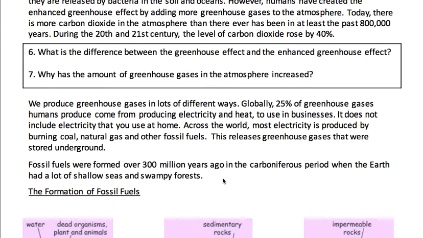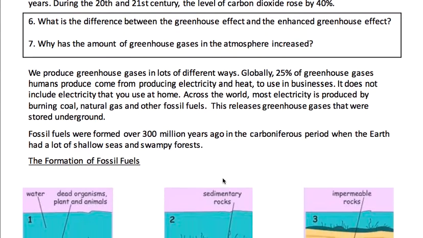It's not used in your houses. And we get that energy from coal and natural gas. In power plants, coal and natural gas are burnt to make electricity. When they are burnt, they release carbon dioxide.